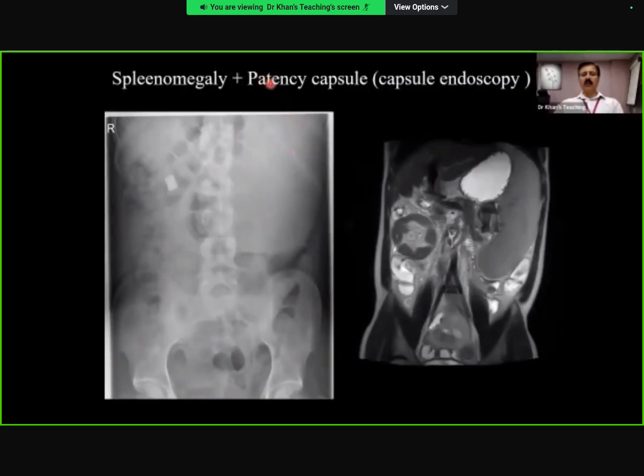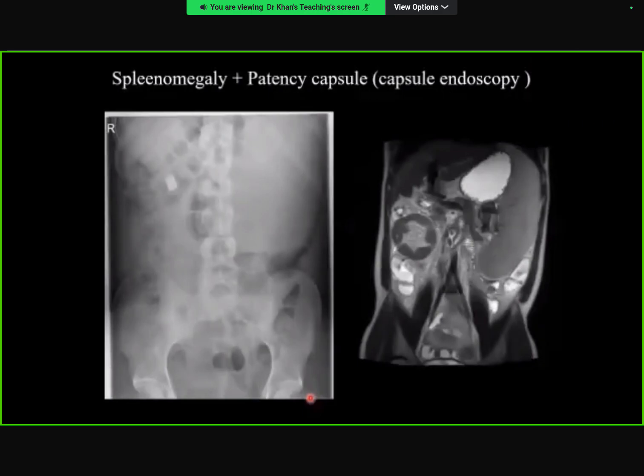Though I have written it here, patency capsule, but candidate 3, can you please tell me what exactly is this? What do you understand by this patency capsule? Have you ever seen it? No, I've never seen it before. Okay, so let me tell you.